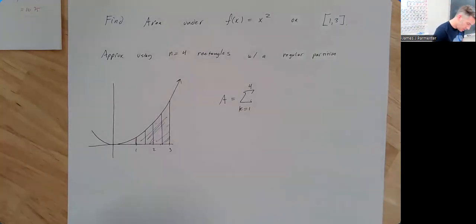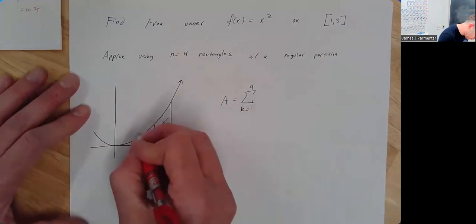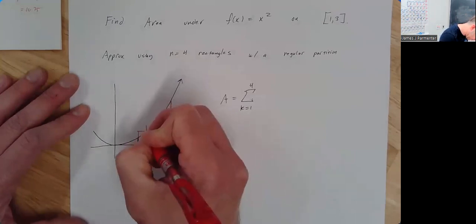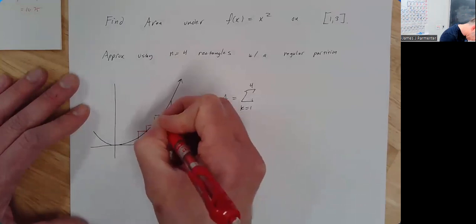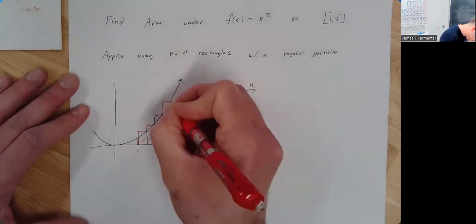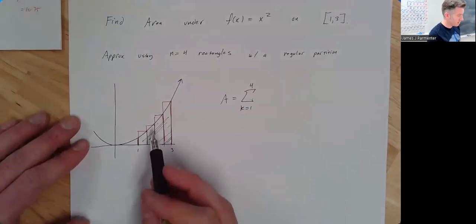Each rectangle, if we're going to use right endpoints, for example, would look like this. Those are rectangles, and the way we're calculating the area of those rectangles is base times height.